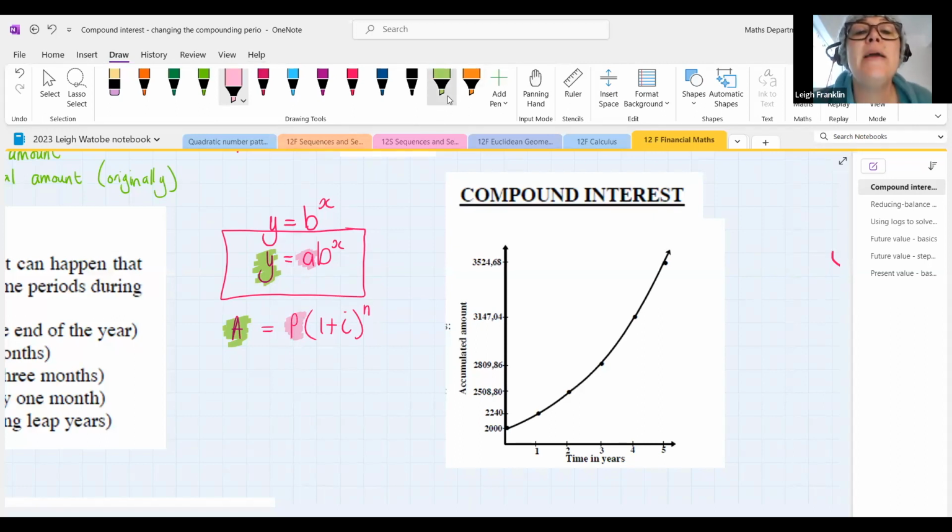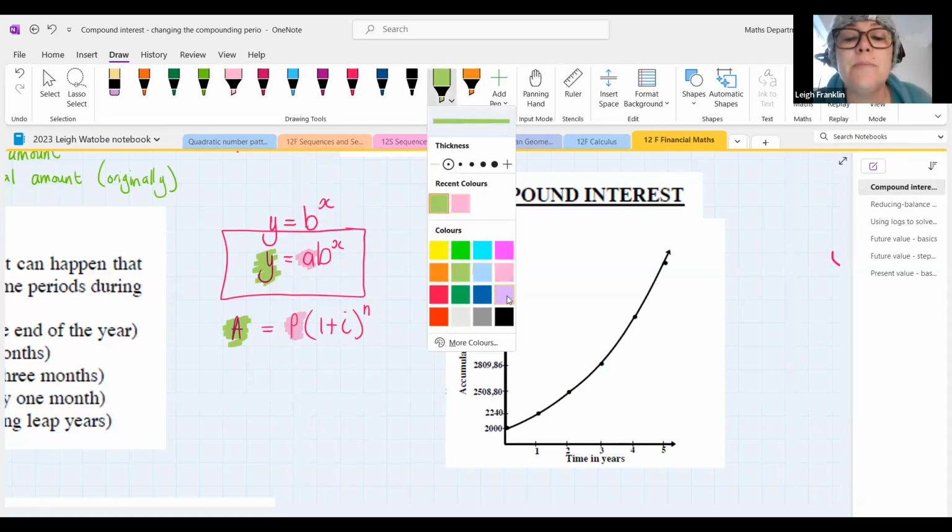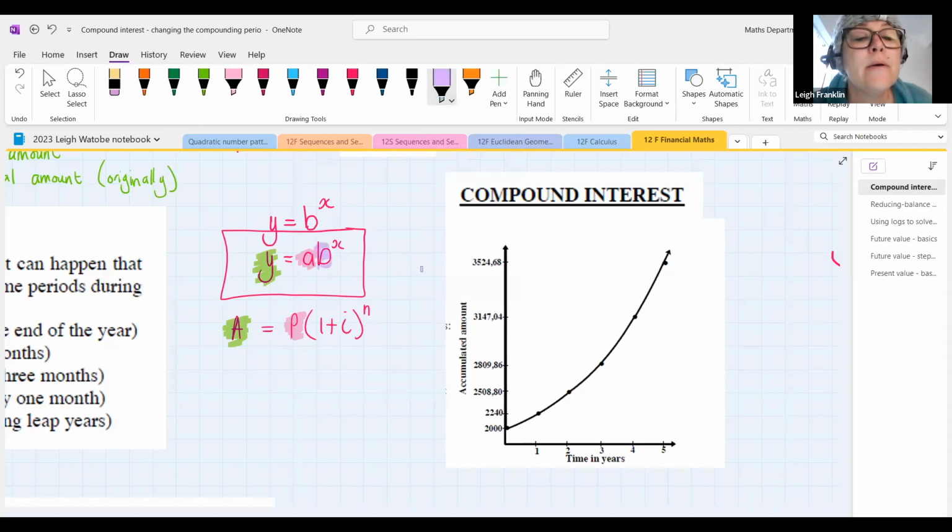And our base for our exponent, b, is actually this entire bracket, 1 plus i. And x, our exponent, is like our n. So compound interest is exponential.